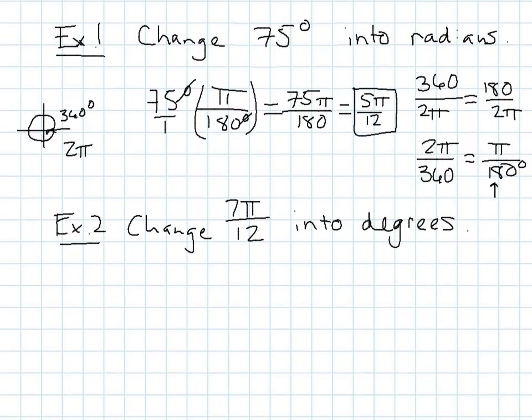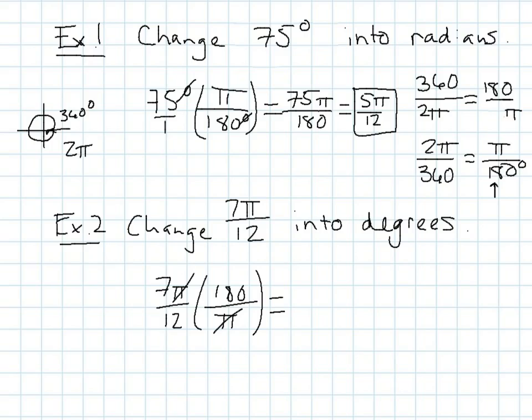Now, if I wanted to change radians into degrees, I would use the other one. Let me erase that. That should be just pi. Okay, so 7 pi over 12 times 180 over pi. The reason I want this one is because my pi is in the cross cancel form, so I'm able to cancel them out and multiply across.